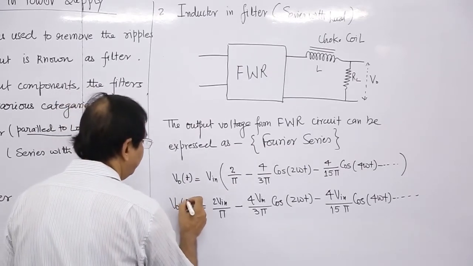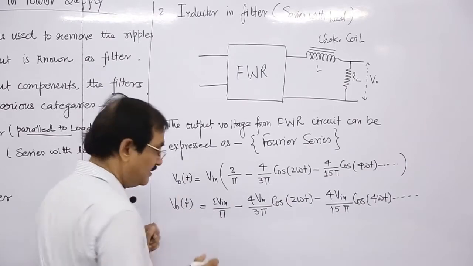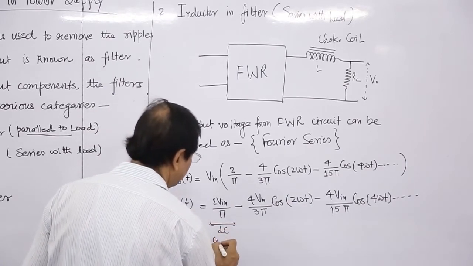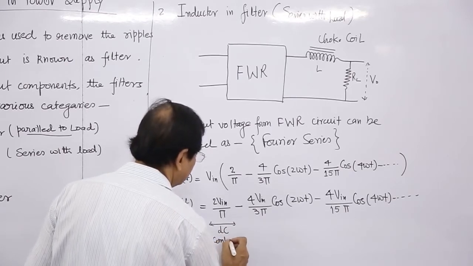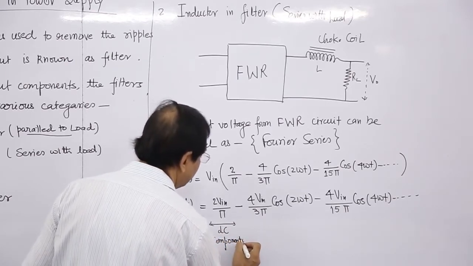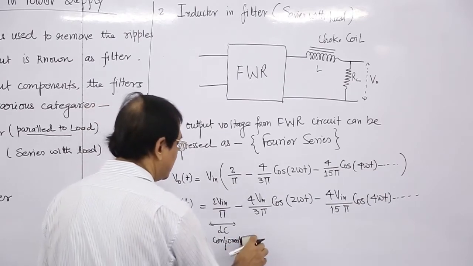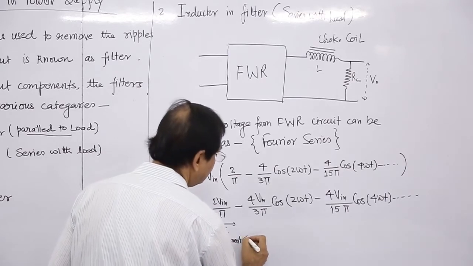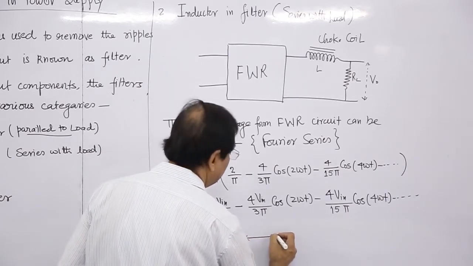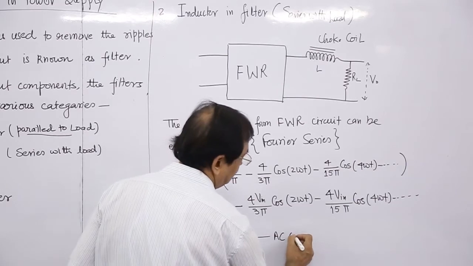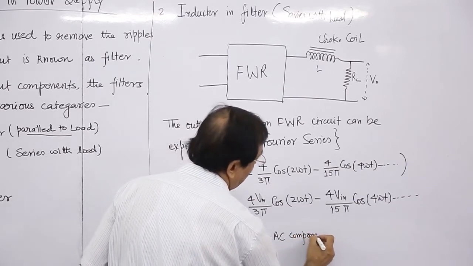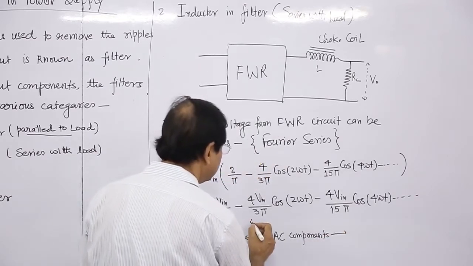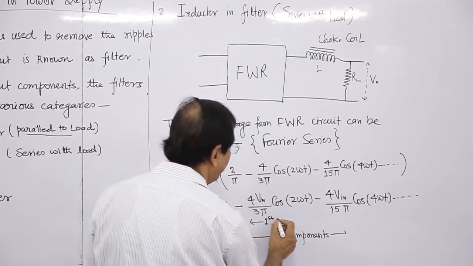So, what we see is that this part is the DC component, and from here on are the AC components, and this is known as the first harmonic.